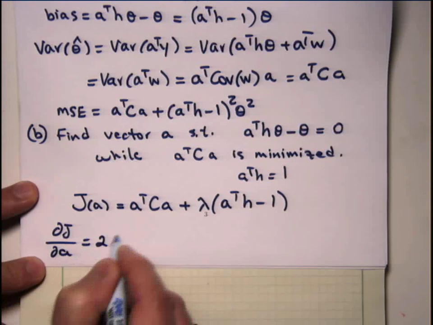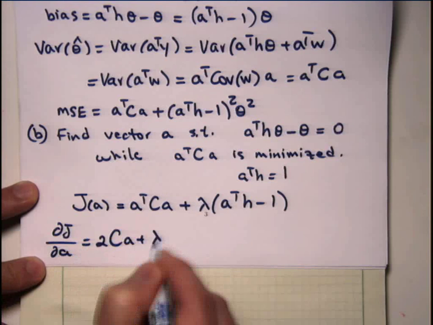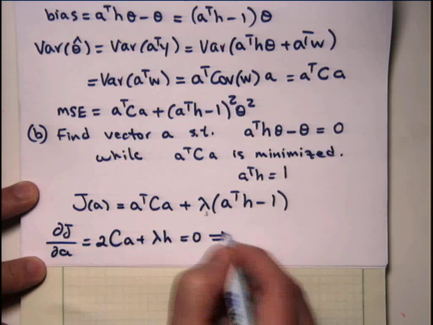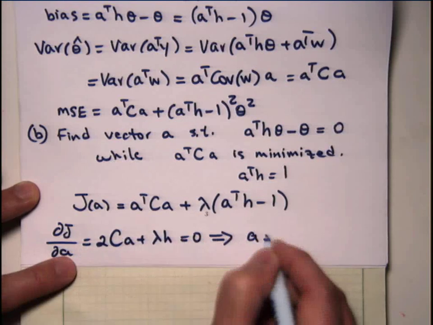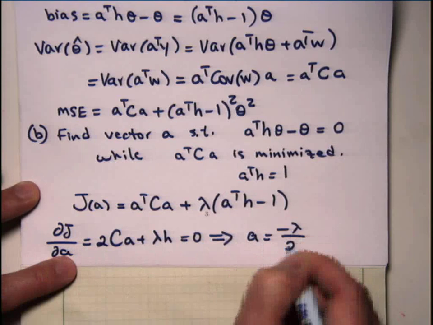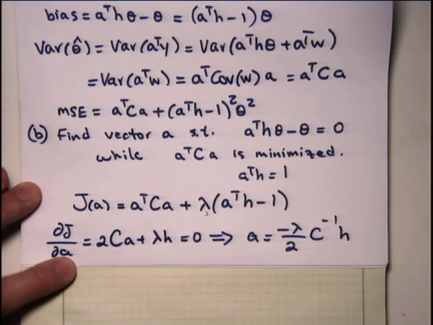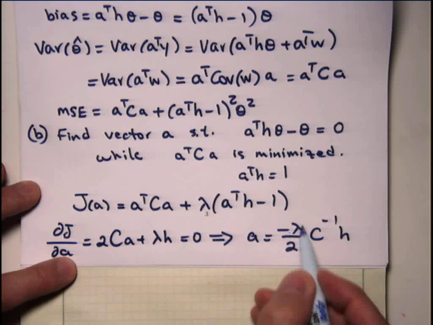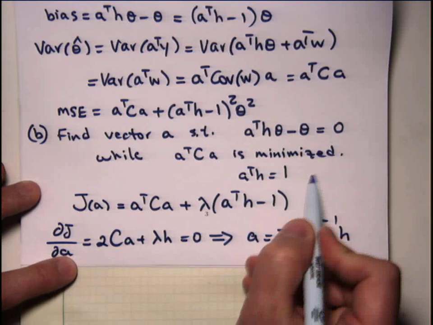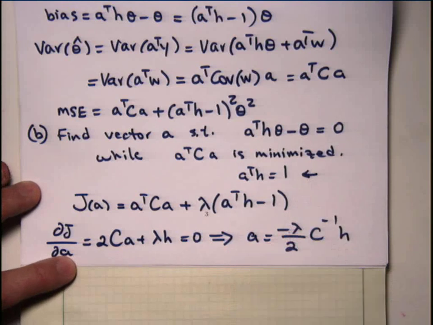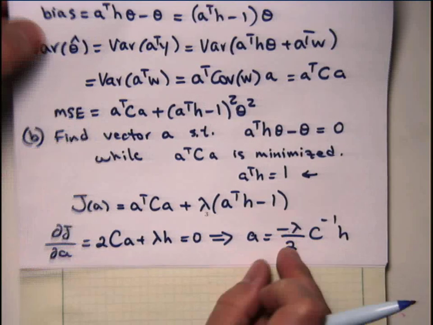You get 2CA plus lambda H equals 0, and you solve for A. You get A equals minus lambda over 2 C inverse H. Okay? But you're not done yet because you still don't know what lambda is. And in order to find out what lambda is, you invoke this constraint. Okay? So now we do the next step.